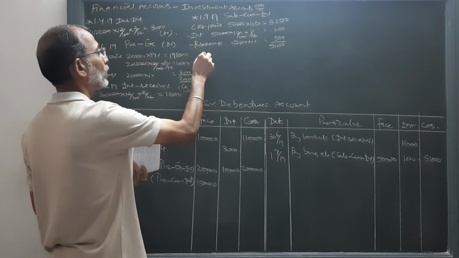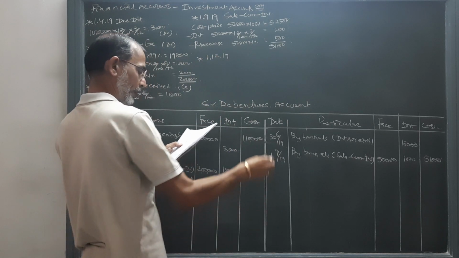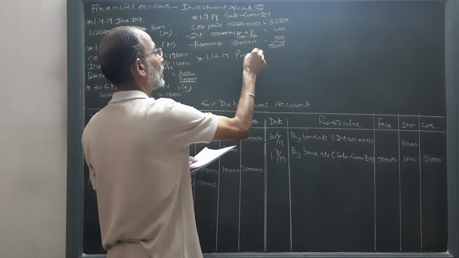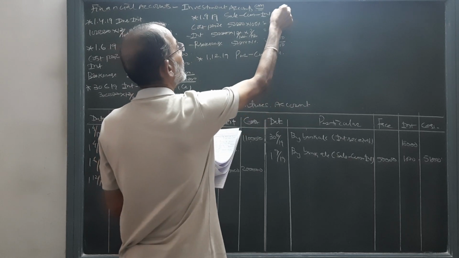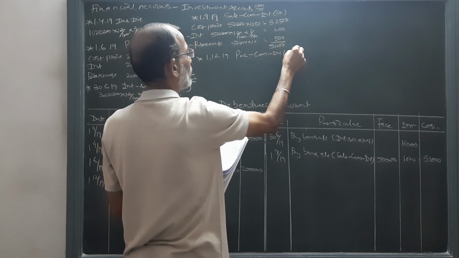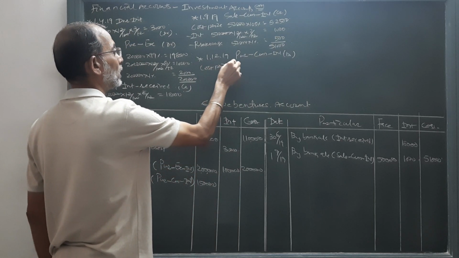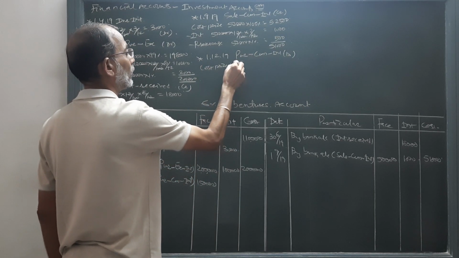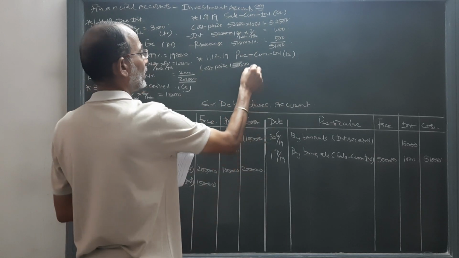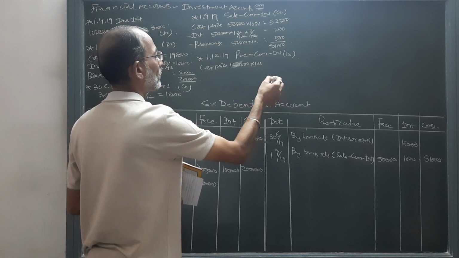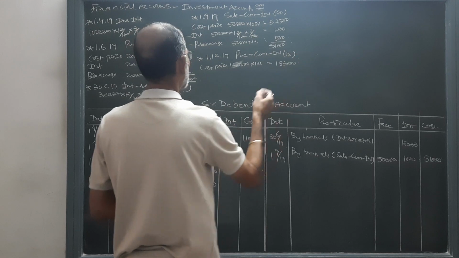We will have to calculate cost value, purchase cum interest. Sale is to be written on credit side and this to be debit side. Now cost price of 1,50,000 at 102 percentage will be 1,53,000.